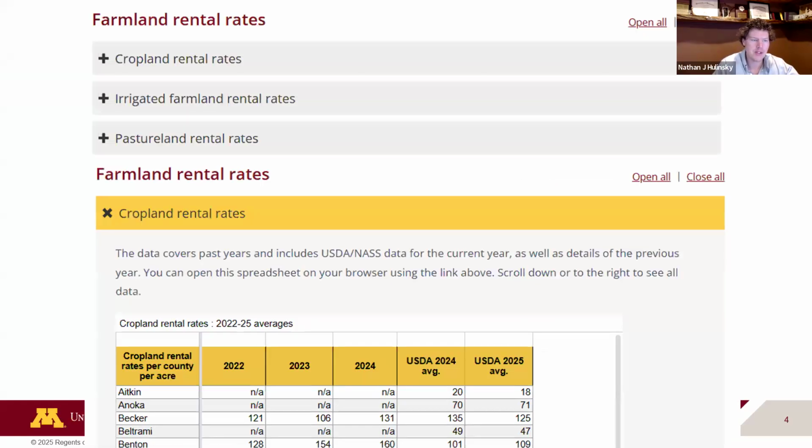And this is what our website looks like. You can see we have farmland rental rates at the top there. And if you click on the cropland rental rate bucket, that little plus sign, it'll break down and open up into an alphabetical county list for the last 3 years of both the FinBin data, and then also we highlight the USDA average numbers.